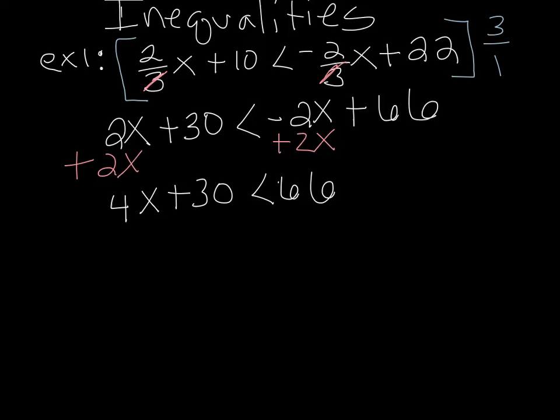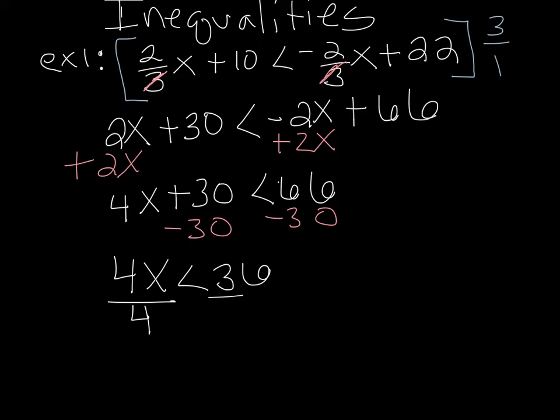Okay, now I'll subtract 30 from each side, and that gives me 4x less than 36. Divide both sides by 4, and we have our answer then of x is less than 9.